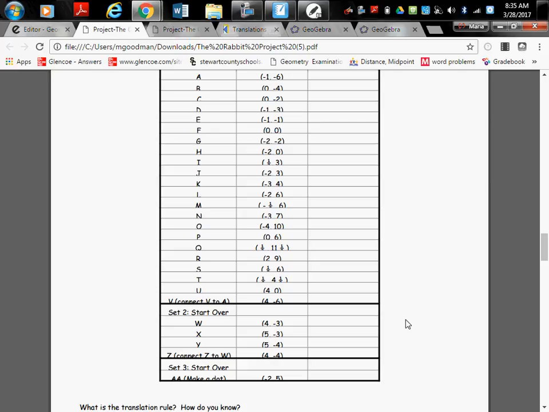So you cannot start this one at A. You have to go to point V, which is right down here. All right, any questions about the rabbit travels? I might have a question later. Okay. No questions right this second? All right, so you're going to work on the rabbit travels.